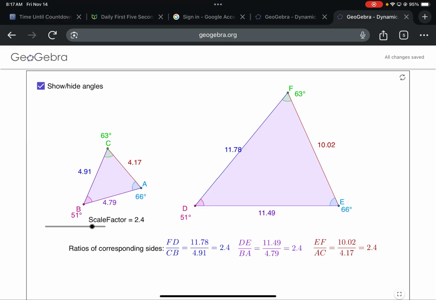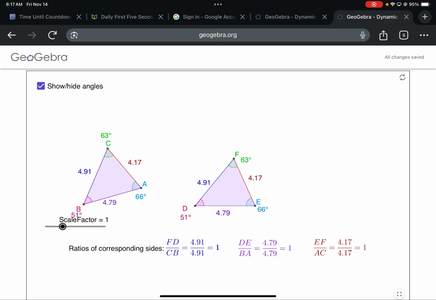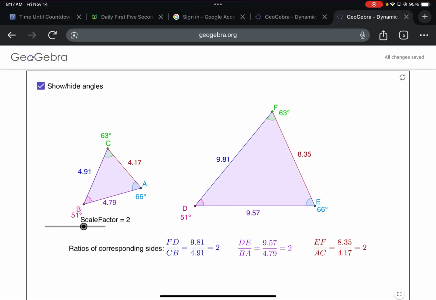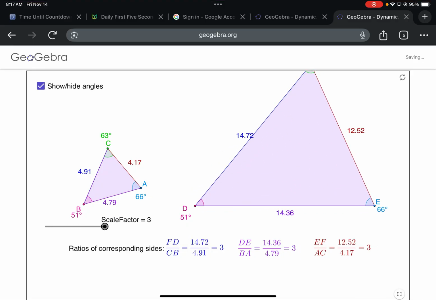They should be the same. 66 and 66, 51 and 51, 63 and 63. So those 3 sides, no matter how big or small they were, if all those ratios were the same, it guaranteed my angles to be the same. No matter what. We can make it smaller, my angles are still the same. We can make it bigger, my angles are still the same.